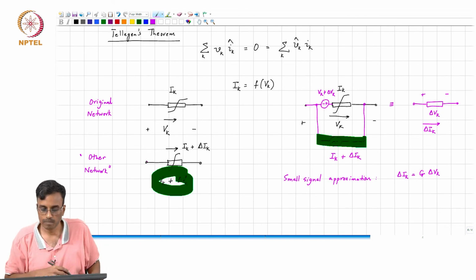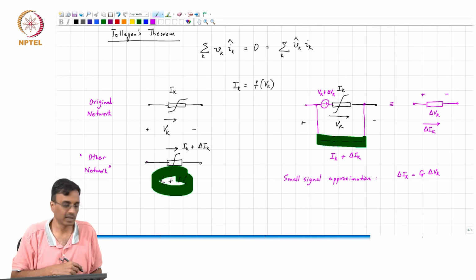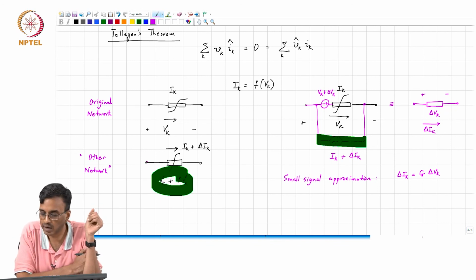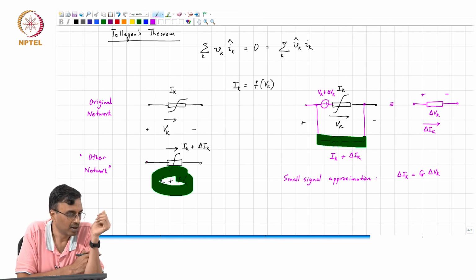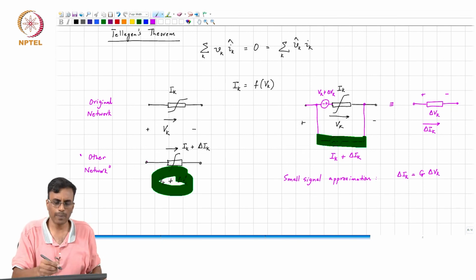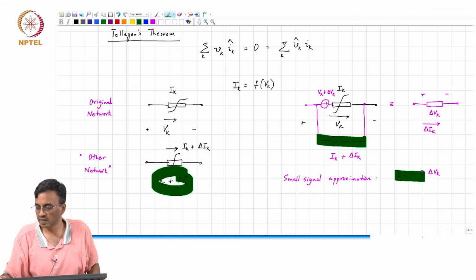So, you can see that the constructs that we used to derive Tellegen's theorem in an alternative way also throw a light on why the small signal approximation is grounded in firm principles. The only approximation is this part.